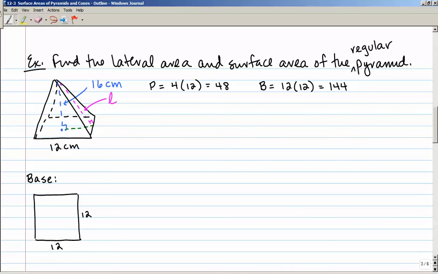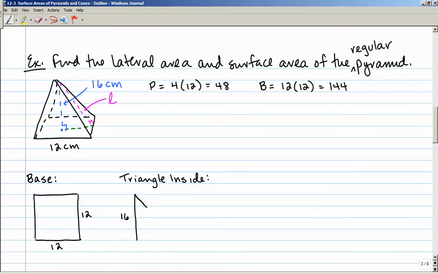Okay, notice I have the height represented by this blue line, and then I have the slant height represented by this pink dashed line. Something that's really helpful is to draw the triangle on the inside. So here's that triangle. That's my height, which is given by 16.